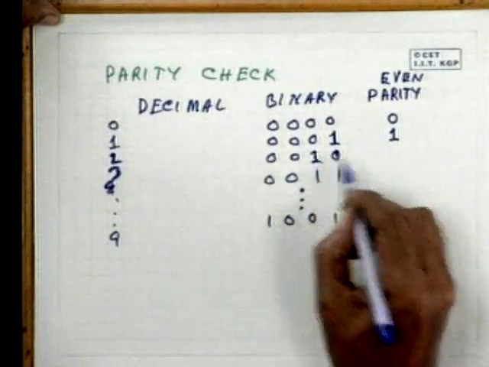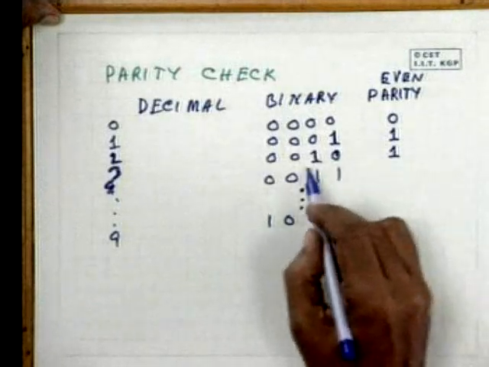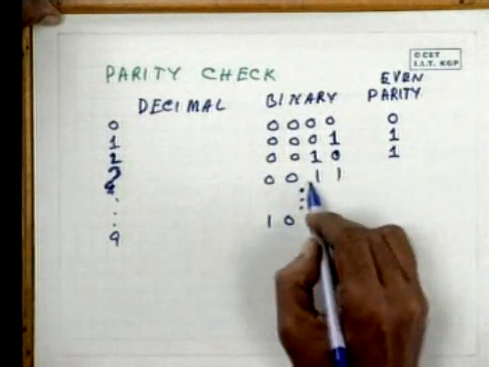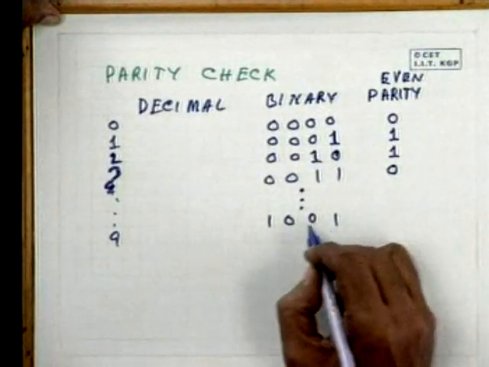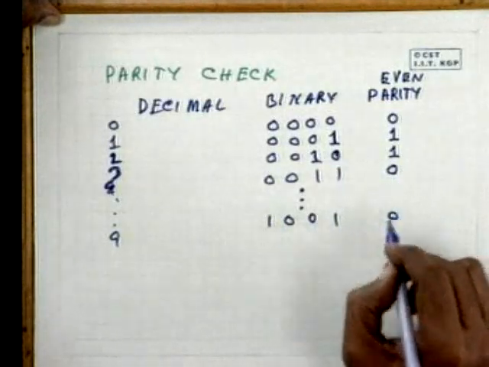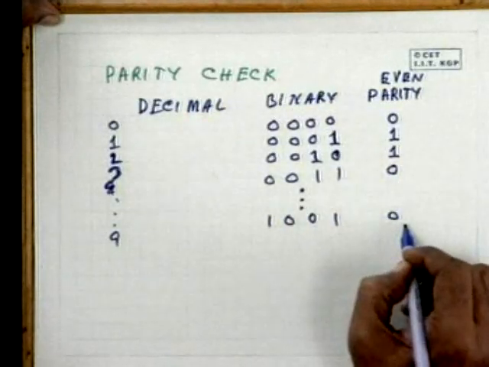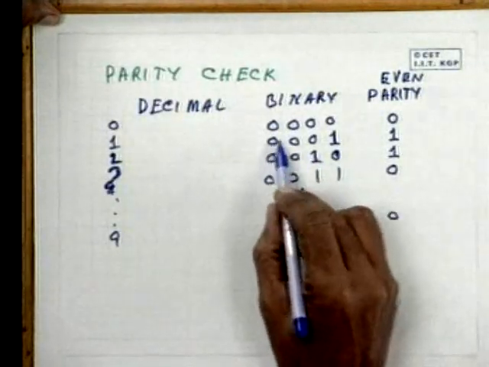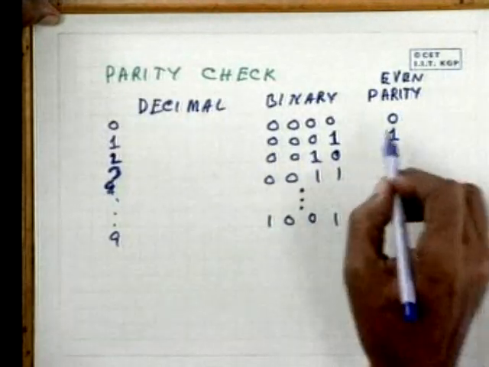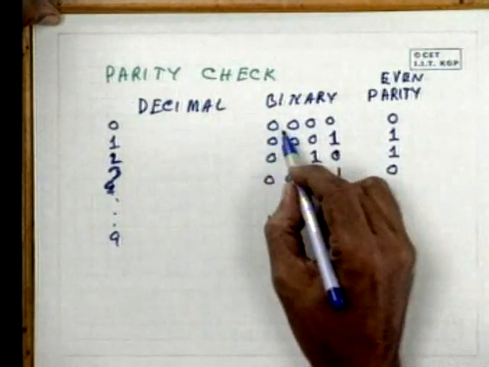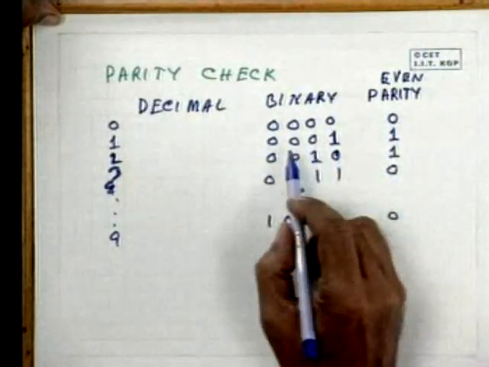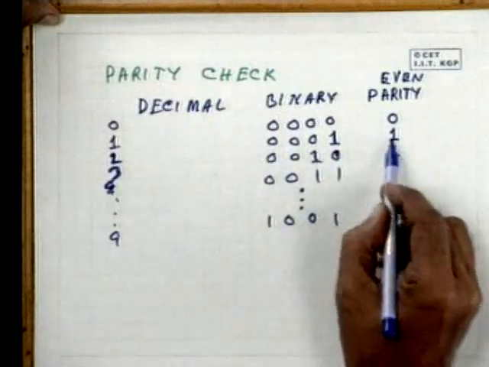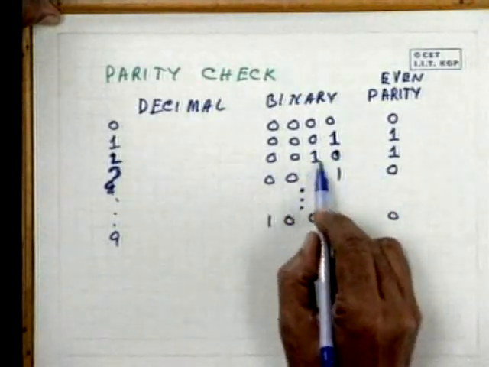Here also you have to add another one. Similarly, here you have to add 0, and here you have to add 0 to make the total number of ones even. So after adding the parity bit, the total code word becomes 0 0 0 0 0. Here it becomes 0 0 0 1 1. Here it becomes 0 0 1 0 1.